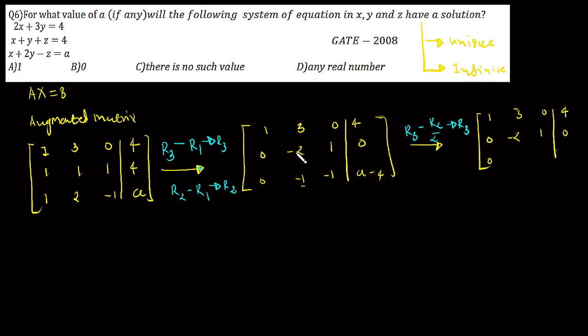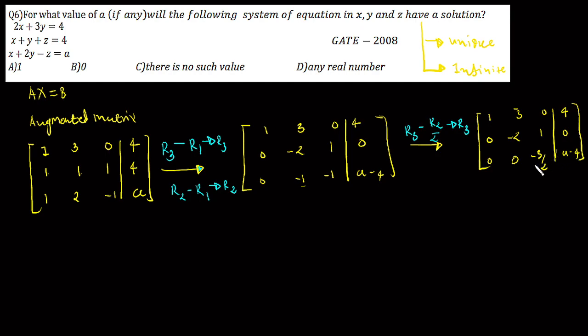Here I am getting plus 1, because dividing these two minus 1 and multiplying with minus makes plus 1, and let's add this plus 1 to this minus 1. So here I am getting 0. Now here I am getting minus 1 half. We already have minus 1 here, so we have to subtract this one. So here I am getting minus 3 by 2, and here we went to 0, so this a minus 4 will remain as it is.